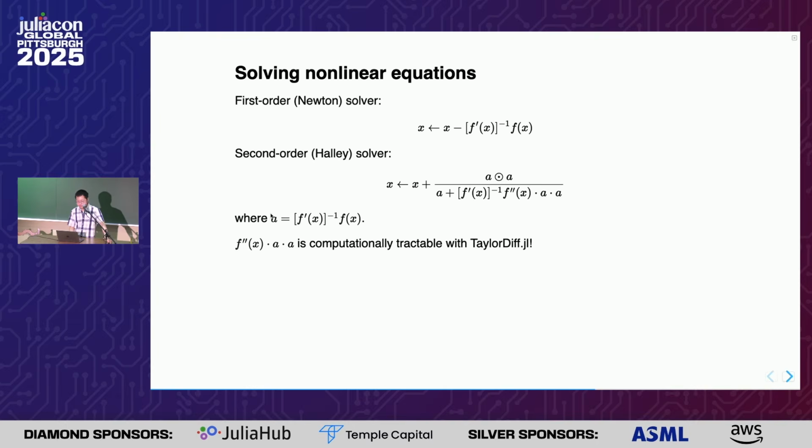If you don't use higher order Taylor mode derivatives, then f''(x) may not be very computationally tractable, but it's very efficient in TaylorDiff.jl. You just need no more than 2 times the evaluation time of the original function f, and then you can construct this Halley's method.